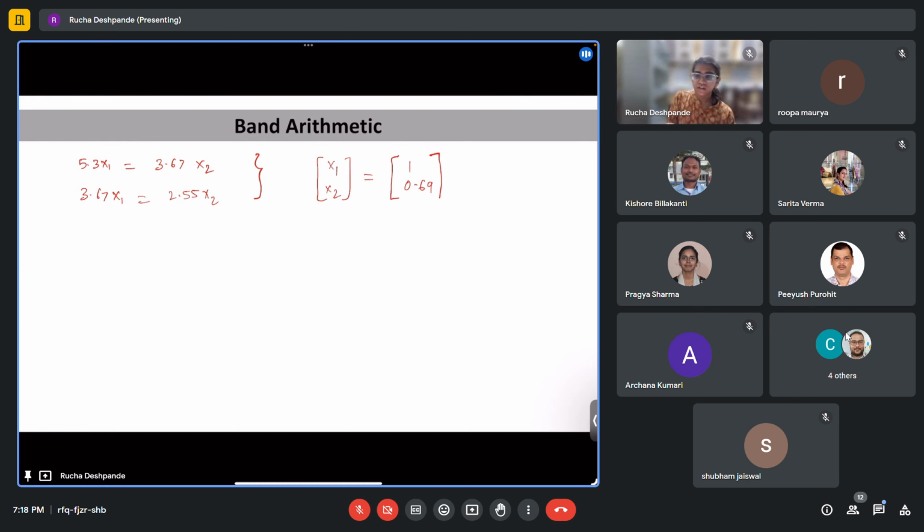So this is the ratio between x1 and x2 from both the equations. So we have x1 is equal to 0.69 times x2.